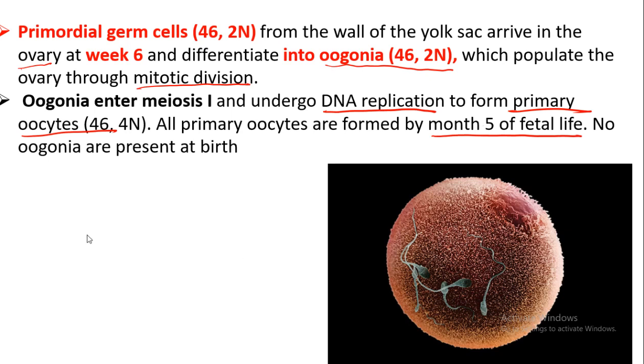This means that there is no oogonia present at birth. But in the male, the spermatogonia was there during birth until puberty. In female, the oogonia is not there at birth, including at puberty.